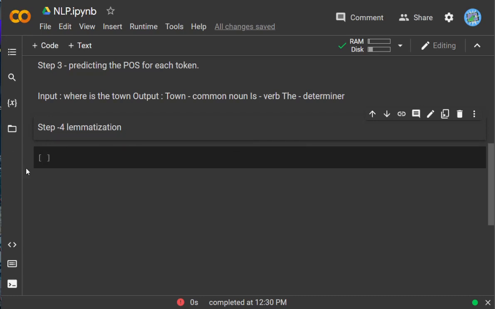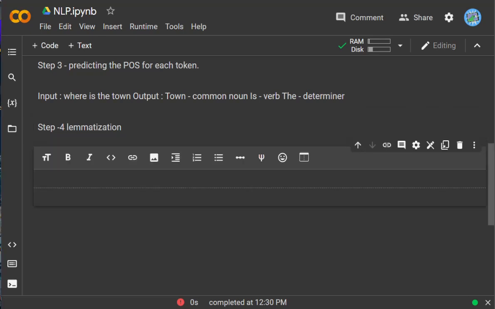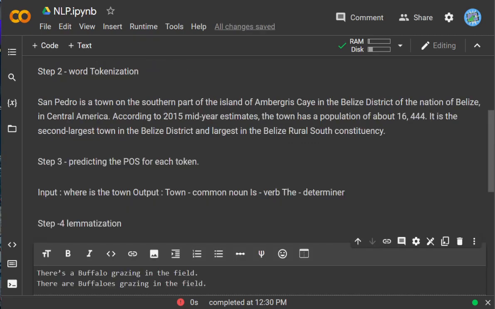But for a simpler overview, what lemmatization does is feed the model the root word. For example, we have "there's a buffalo grazing in the field" and another example, "there are buffaloes grazing in the field". Here both buffalo and buffaloes mean the same, but the computer can be confused and treat them as two different terms, as it doesn't know anything.